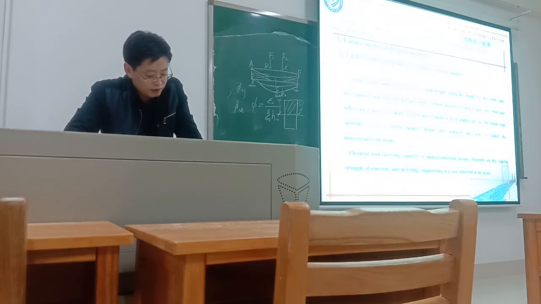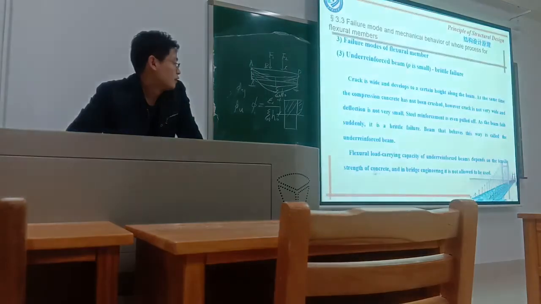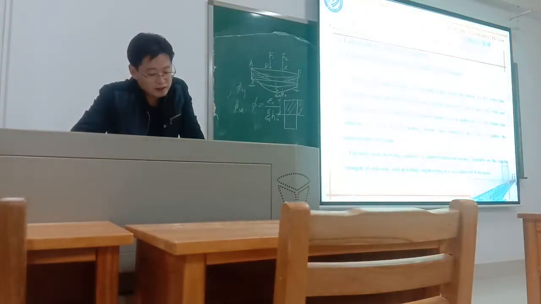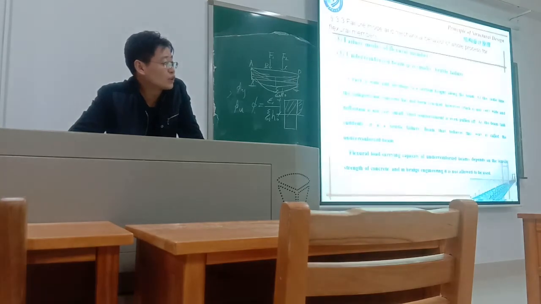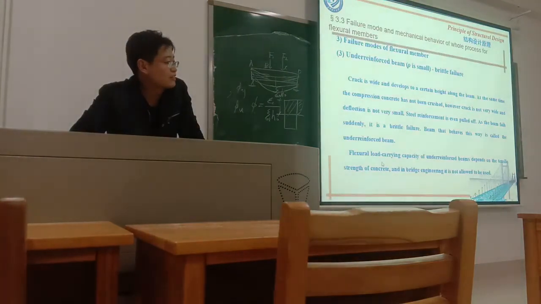The flexural carrying capacity of the under reinforcement beam depends on the tensile strength of the concrete, and this kind of beam is not allowed to be used. So you see, for the under reinforcement beam, it depends on the tensile strength of the concrete. For the over reinforcement beam, it depends on the compressive strength of the concrete.